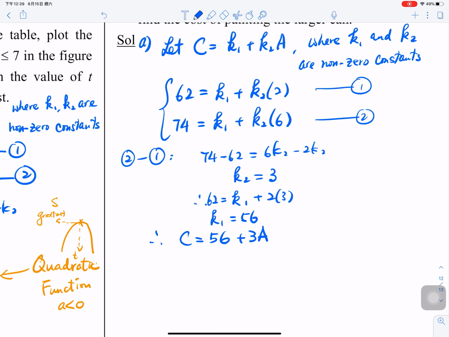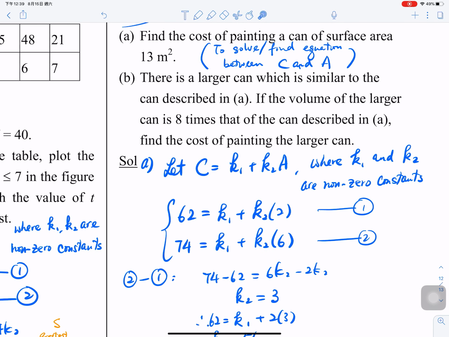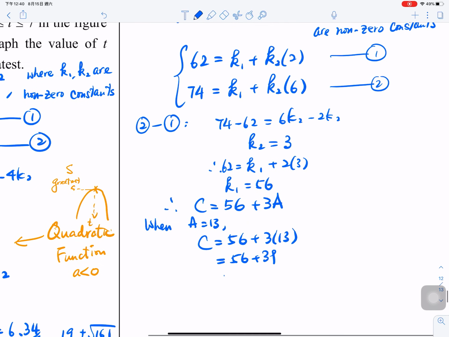Goes on. Now when the surface area equals 13, so A equals 13. So C equals 56 plus 3 times 13, right? So you see that this one equals 95.